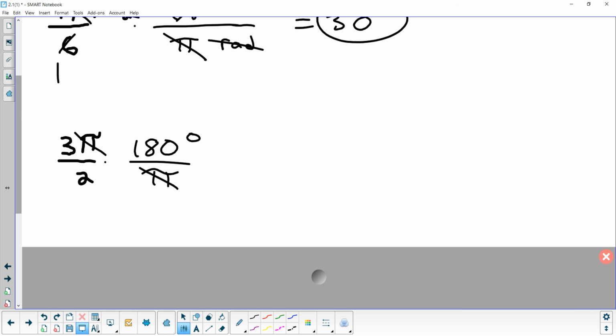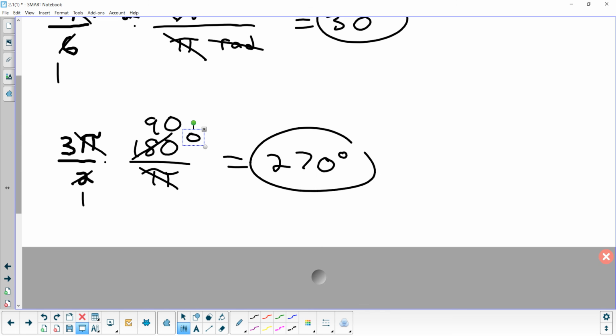Good. And we can reduce, how many times does 2 go into 180? Yeah, 90. Very good. 3 times 90 with a degree symbol. That's our final answer. So 270 degrees.